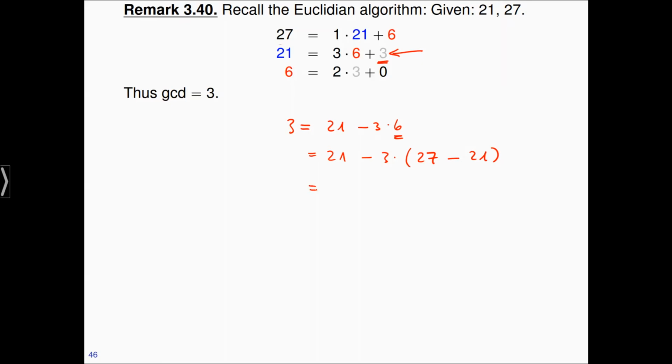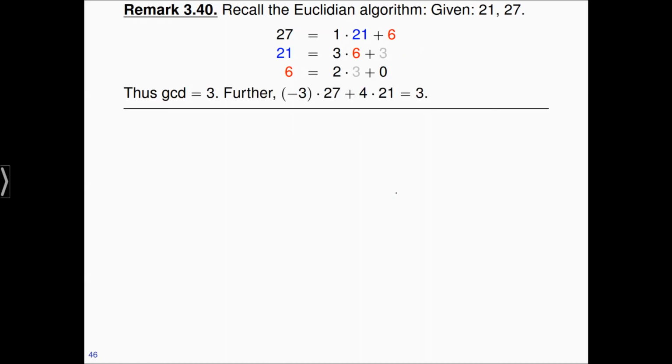What I'm getting here is minus 3 times 27, and then I have a 21 and a plus 3 times 21, so plus 4 times 21. So I've represented the greatest common divisor as a linear combination of the initial numbers. I'm not going to prove that this works. It's just this example, and then you will see an exercise with an example. So this is how the Euclidean algorithm works for two numbers.